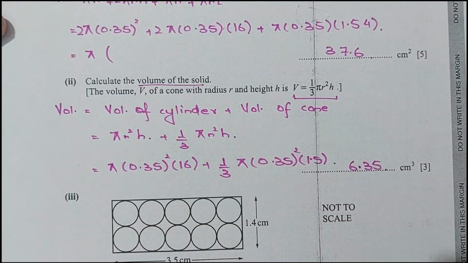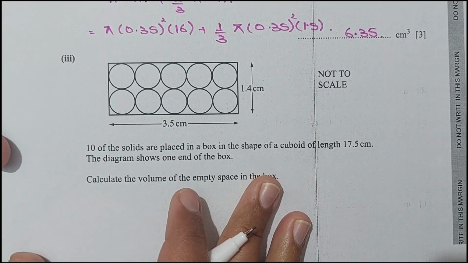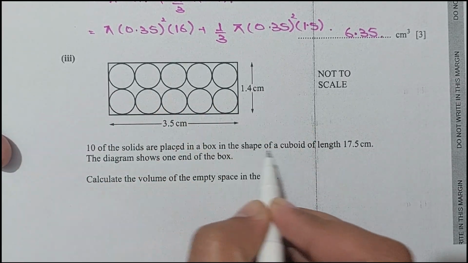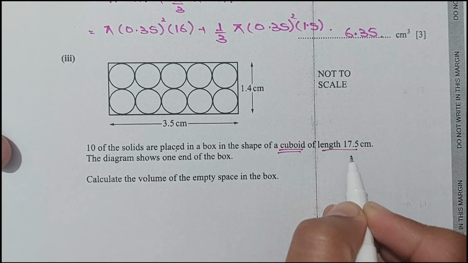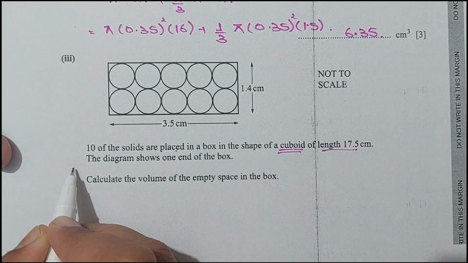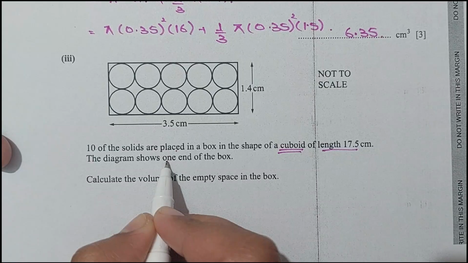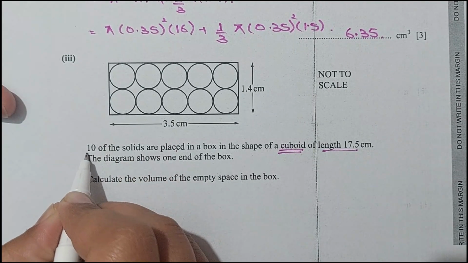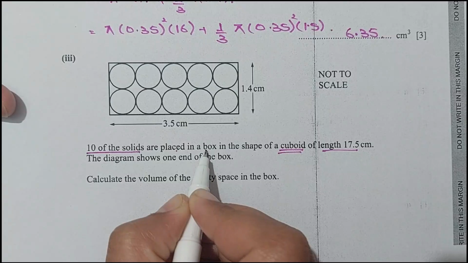centimeter cube. Part 3, 10 of the solids are placed in a box. This is a box in the shape of a cuboid of length 17.5 centimeter. Okay, the diagram shows one end of the box. Okay, 10 of the solids are placed in a box, right?